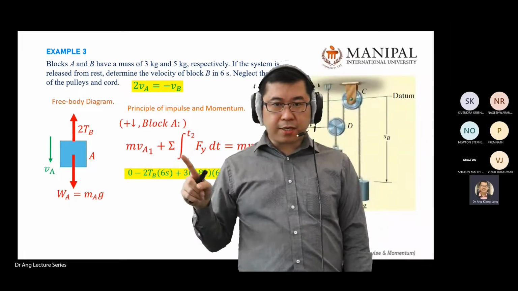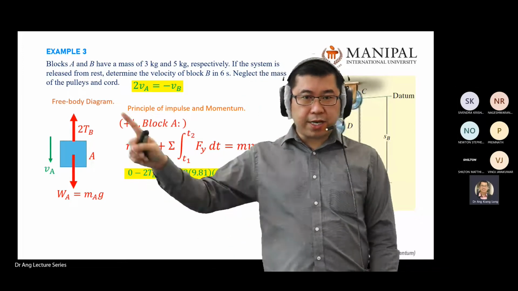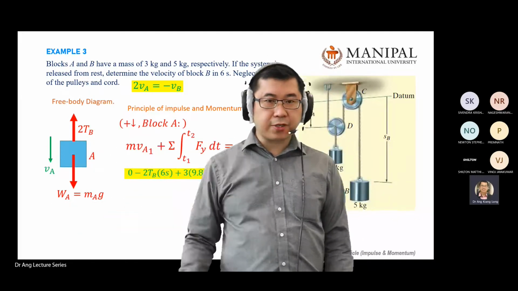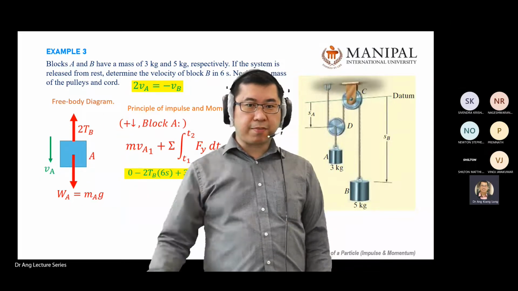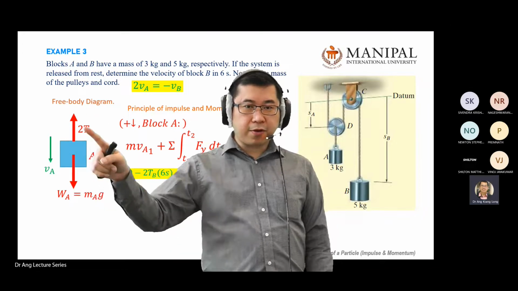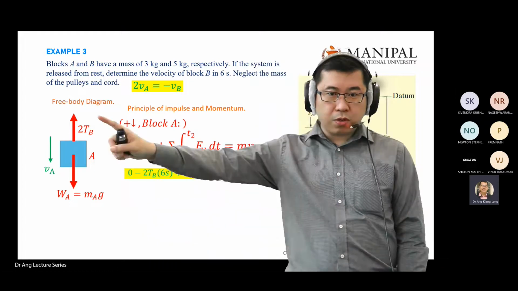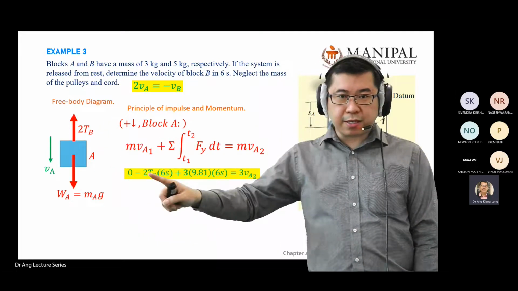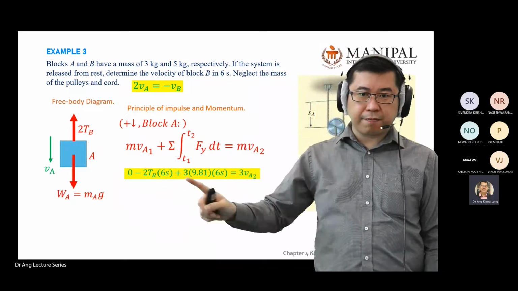Then what are the forces, or what is the impulse? As long as in your free body diagram there is a force, it creates impulse. Force times time gives you impulse. There are two impulses there. So 2TB is a force multiplied by time. What is the time? 6 seconds.